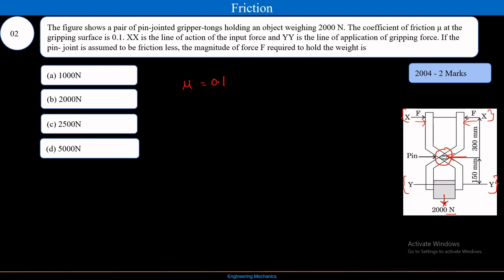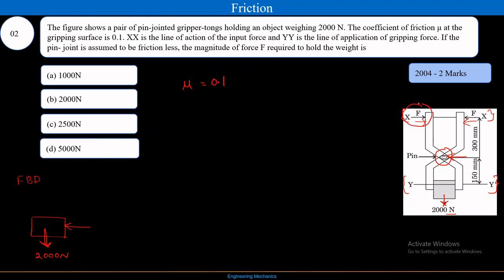So the first thing I need to do is draw the free body diagram for the block of 2000 Newton. Because this block is held by these tongs, there is a force applied here.